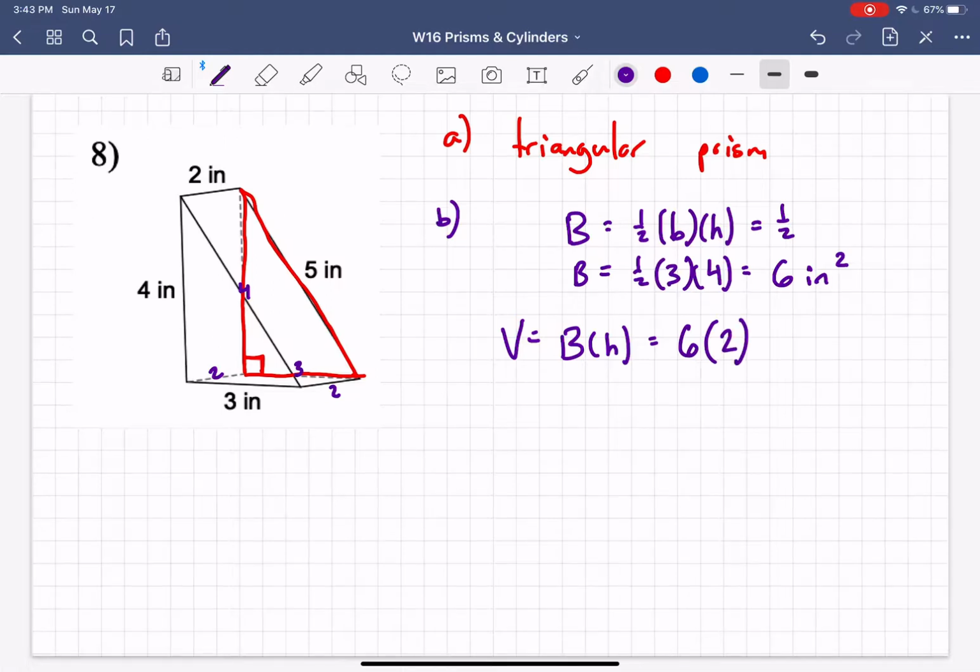The prism is on its side, so the height isn't vertical. It's the thing coming off of the base. So that's the 2. So we get 12, and then our unit, and then for our volume, we have a cube.